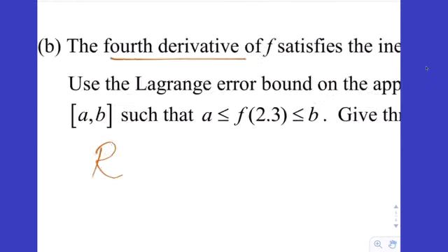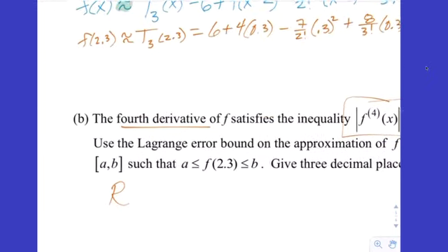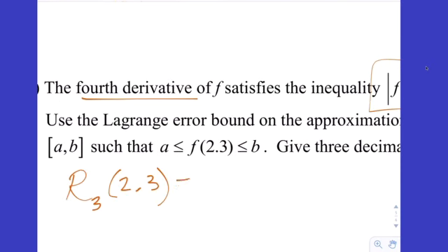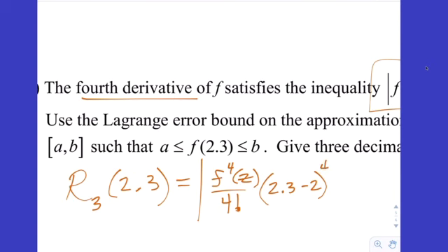I'll just say R sub 3 of 2.3, that is using a third-degree Taylor polynomial, is equal to, the number after 3 is 4. So it's going to be the fourth derivative at z over 4 factorial times x minus the center, which is going to be 2.3 minus 2 to the fourth power.